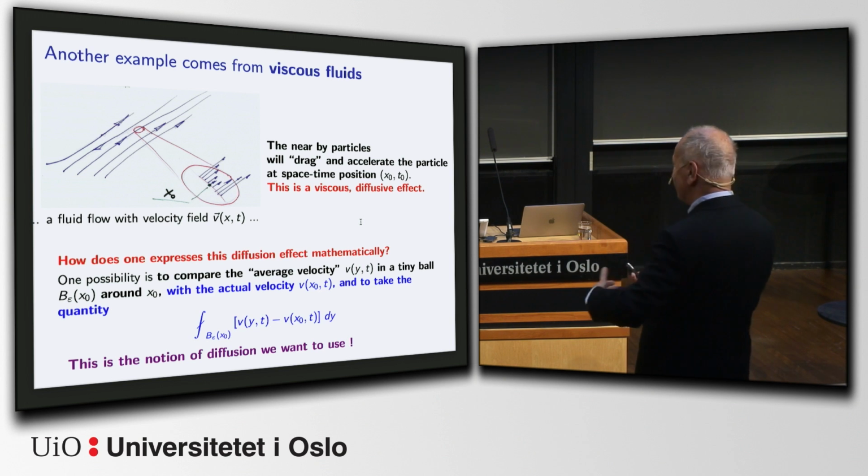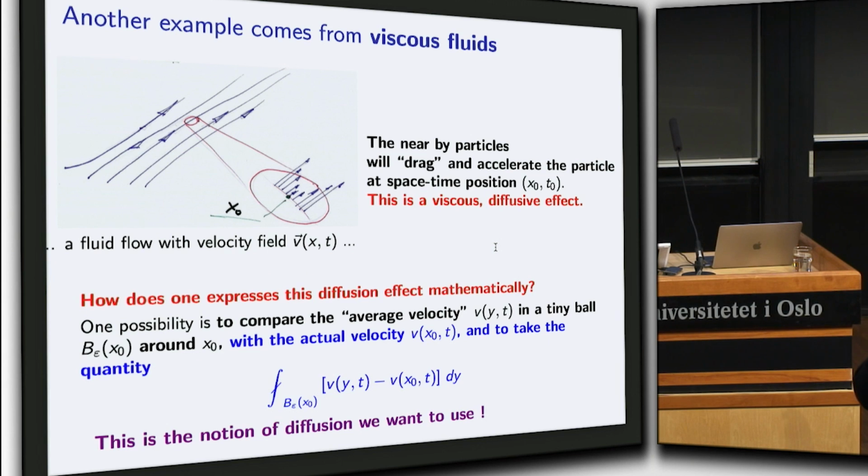In this picture, here is x0, and here is y, and the y's near x0 are going faster. That is what is in this formula, this average of the velocity at y, t minus x0, t, and it is positive, because this is the notion of diffusion we want to use in this case.